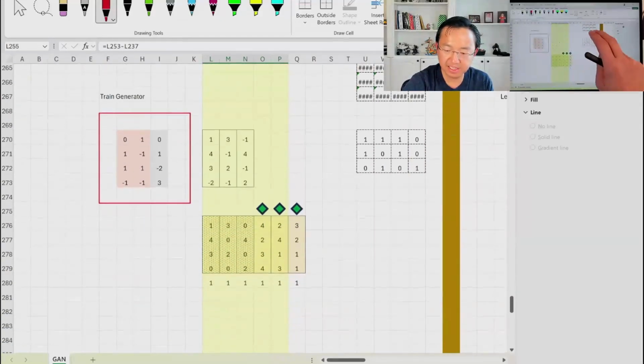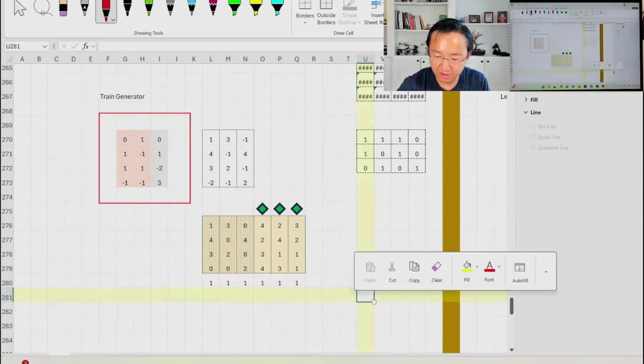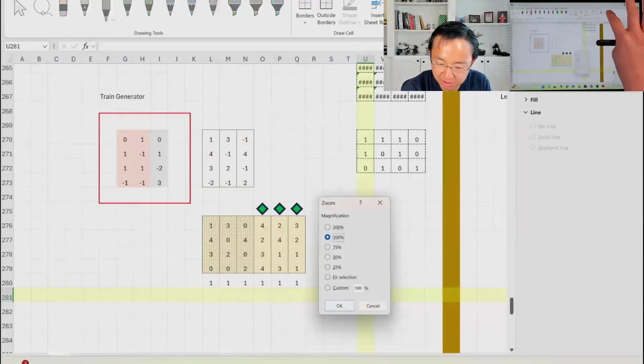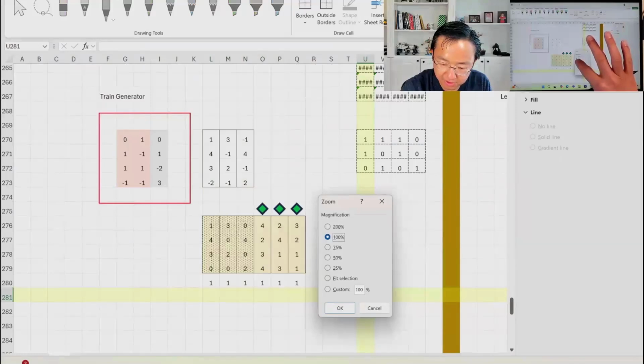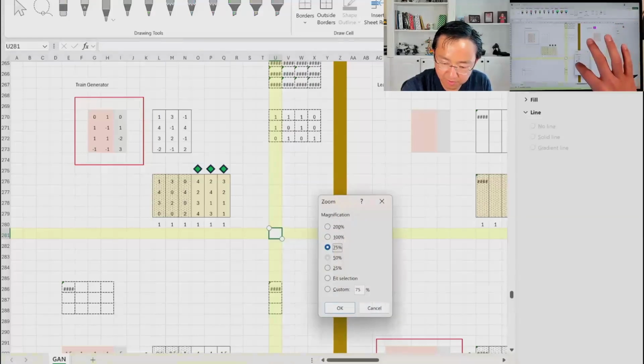So I have this set up. Let me just zoom out a little bit so you can see the overall picture. Let's say 75%, not enough, zoom to 50%.